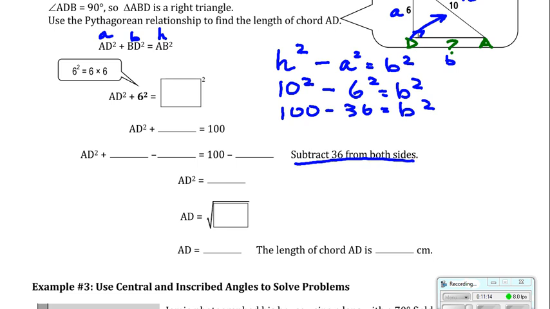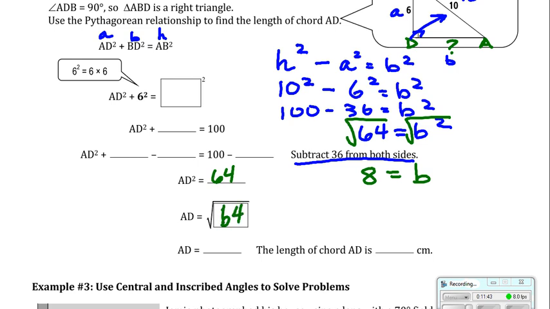So we're subtracting 36, same as what I've said in the other notes. Then we get 64 equals B squared. We don't want to know the area, we want to know the side length, so we need to square root. The square root of 64 is a perfect square, which is 8. And so the length of chord AD is 8 centimeters.